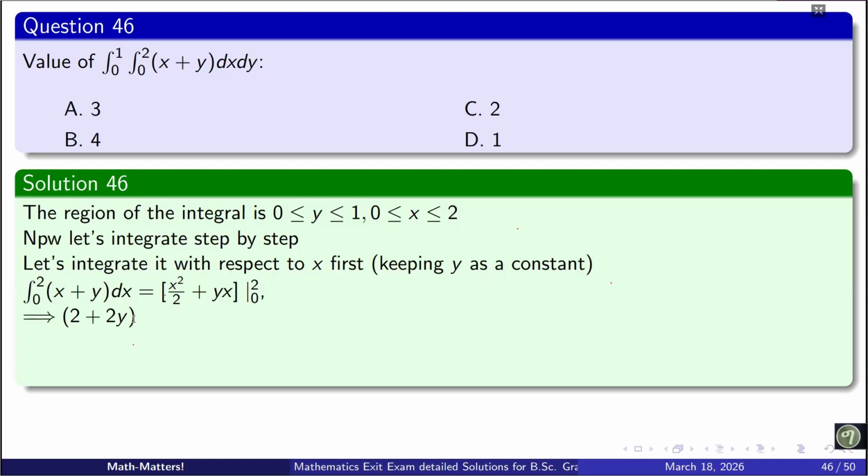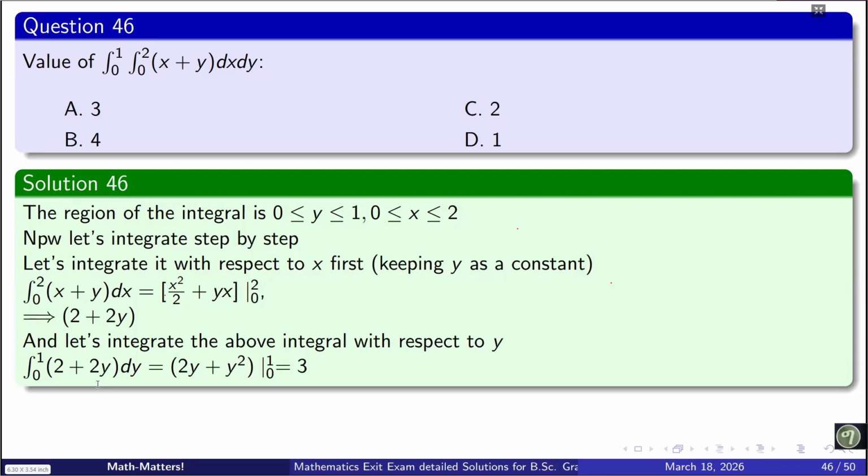Again, integrating the result, 2 plus 2y, with respect to y, we have the integral from 0 to 1 of 2 plus 2y dy, which is 2y plus y squared.